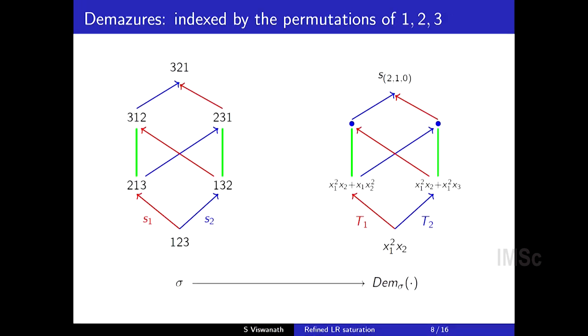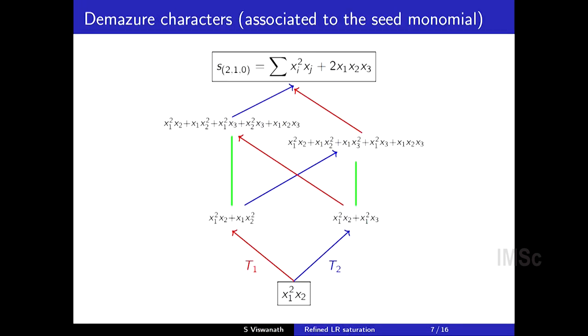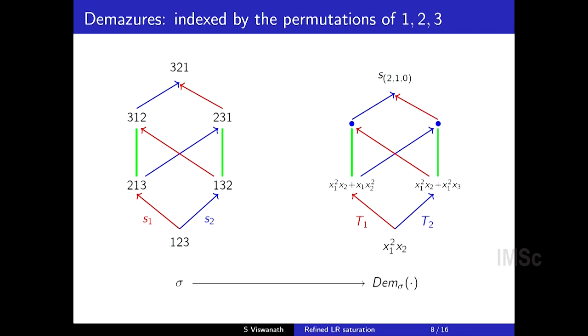Here's another important thing. We think of these six polynomials. Let me go back one slide. So these six polynomials, this hexagon, we should think of as being like this: you could do the same operators, the red and the blue operators, as follows.